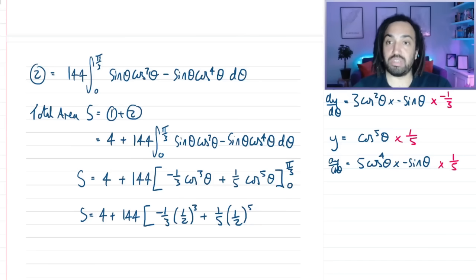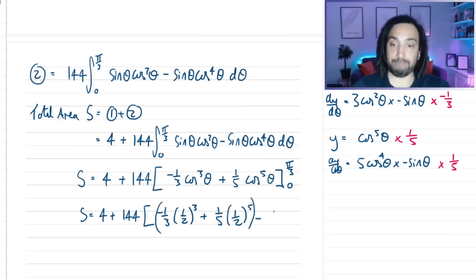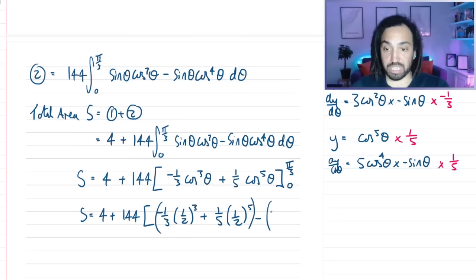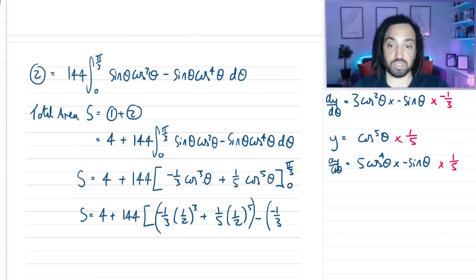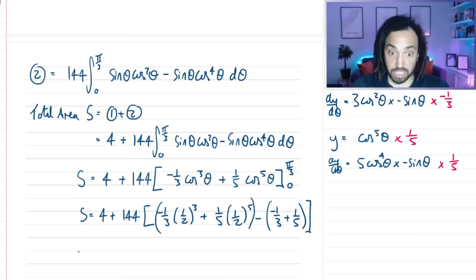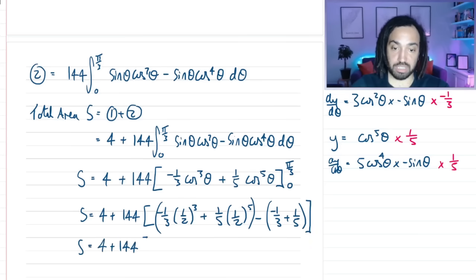So we need to also take away, so this is the upper limit. So the lower limit, when we sub in 0, we're going to get -1/3, and cos of 0 is 1, so just -1/3. And we're going to get +1/5, because again, cos of 0 is 1. Okay, so it's important that you write out your limits in order to get full marks. So that's exactly what I've done here.